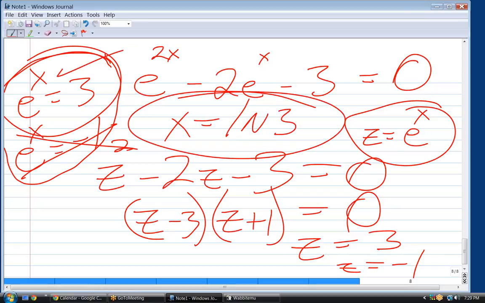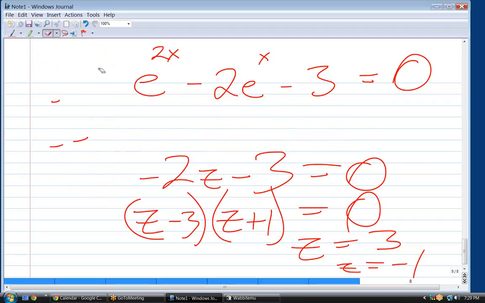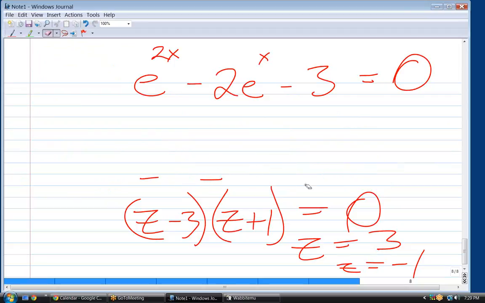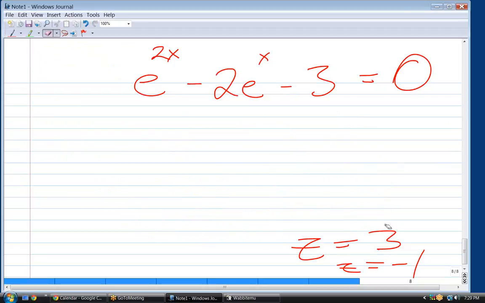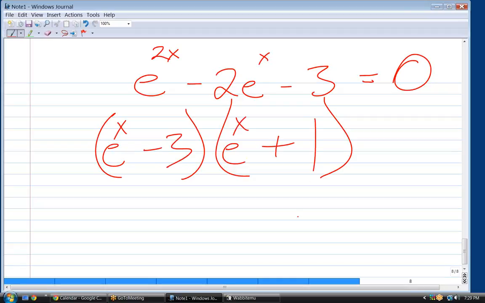Now, did I need to use substitution? Not really. If I don't have to use it, I can factor this just as easily without using substitution as long as I recognize that it is a quadratic in e. If I know that it is a quadratic in e, then that has to be e to the x, and this has to be e to the x minus 3 plus 1.